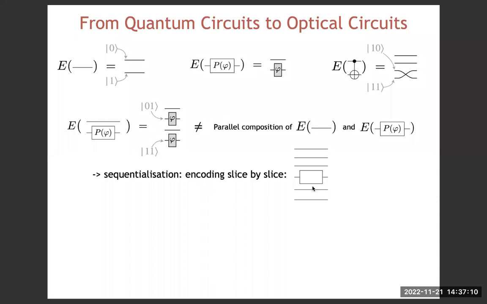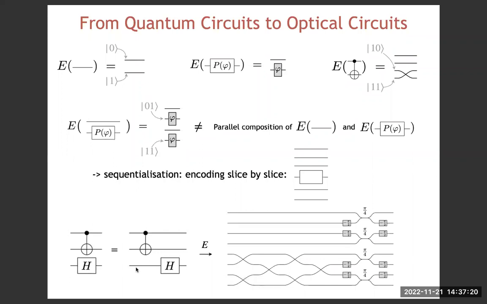That is, when we have a non-trivial generator, we assume that we have only identity on the top and on the bottom of it. So for instance, if we have this circuit, which is a C0 in parallel with Hadamard, we first do this sequentialization, obtaining a C0 with identity here and Hadamard with two identities here.